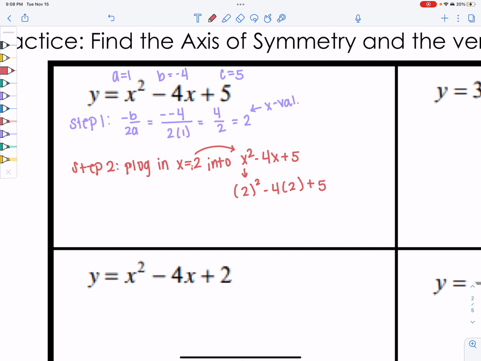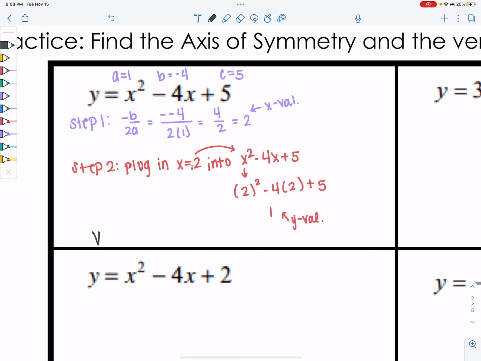All right, you can type that thing in your calculator, or you can do it in multiple steps, but 2 squared minus 4 times 2 plus 5 is going to give me 1. That is going to be the y value.